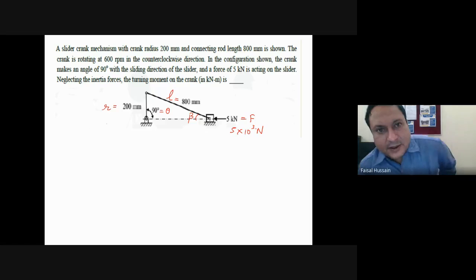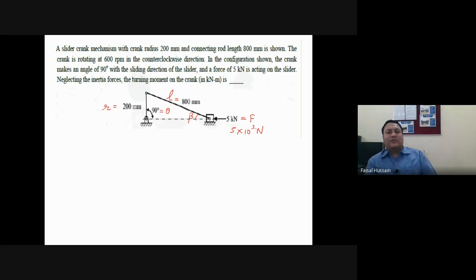A slider crank mechanism with crank radius 200 mm and connecting rod length 800 mm is shown. The crank is rotating at 600 rpm in counterclockwise direction. So n is given, so we can find omega, 2 pi n by 60, if needed.